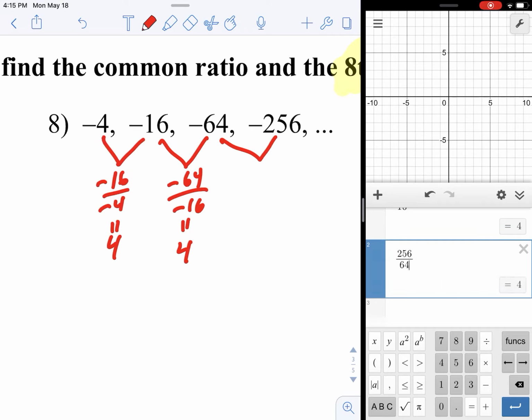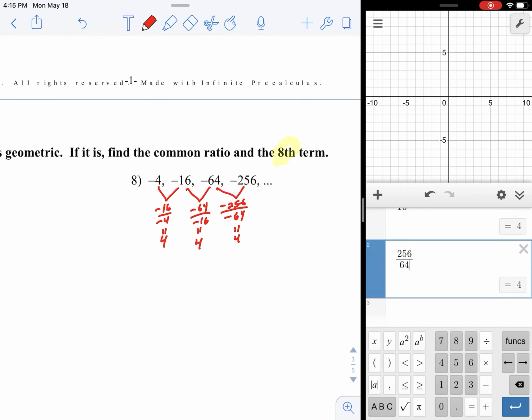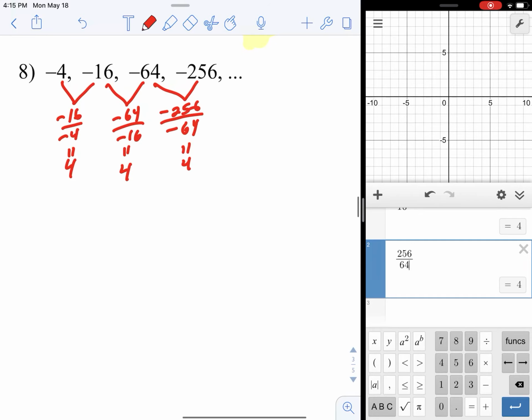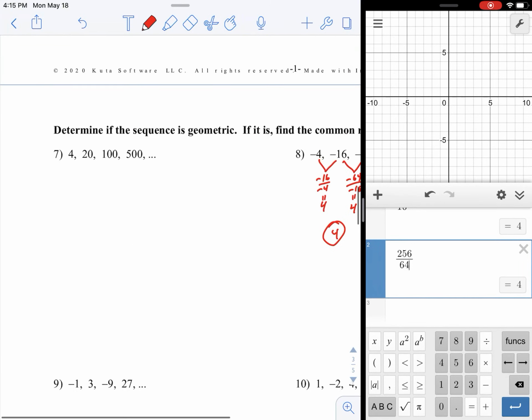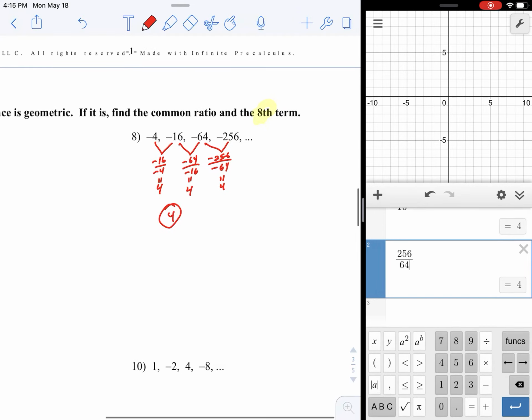Again, the negatives cancel anyway. So this one also equals 4. So is this geometric? Yes, it is. We got the same ratio each time. So I'm going to circle 4. That's the common ratio. Now we have to find the 8th term.